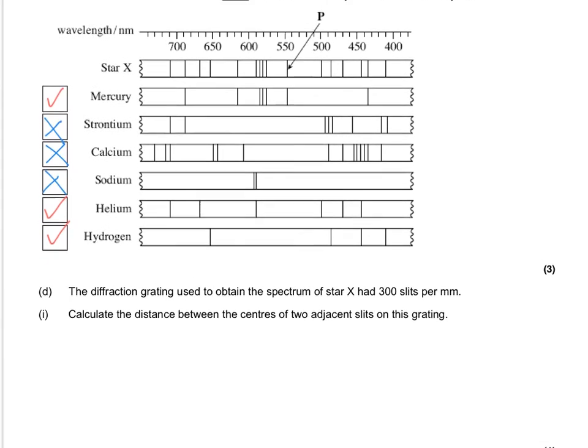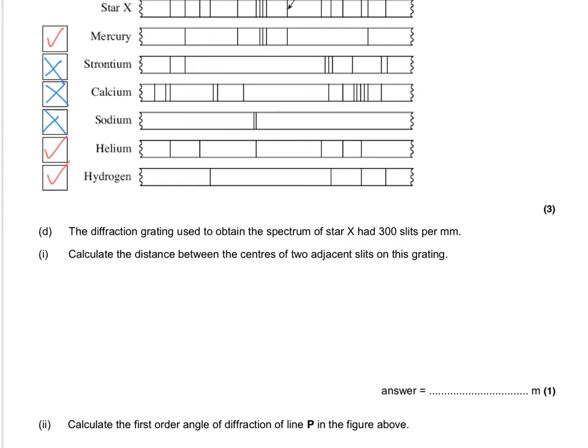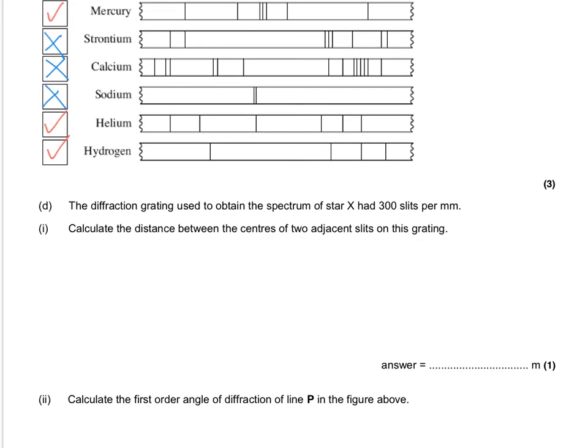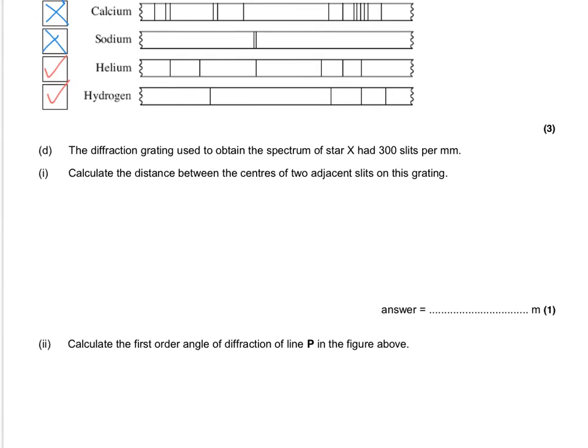Okay, so the diffraction grating is used to measure the wavelength essentially. We're using a diffraction grating with 300 slits per millimetre. The first thing we need to do before we can calculate the distance is turn that into slits per metre. So 300 per millimetre would be 3 times 10 to the 5 per metre.